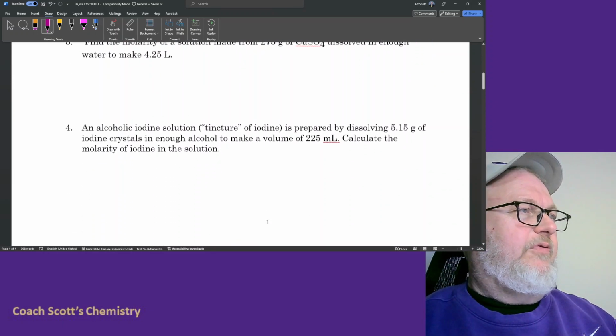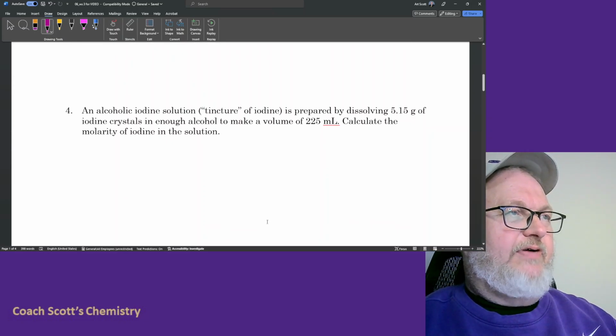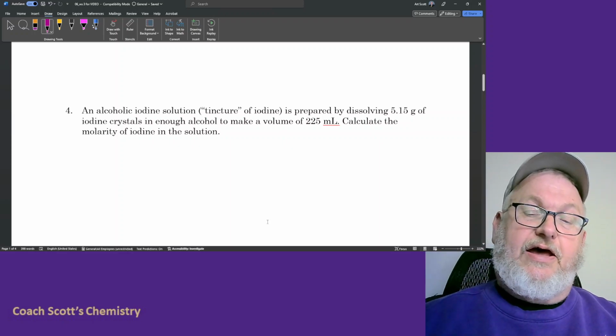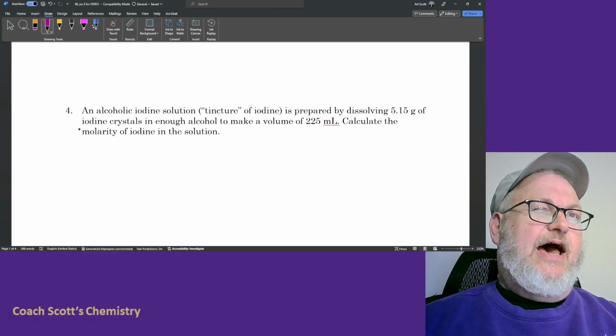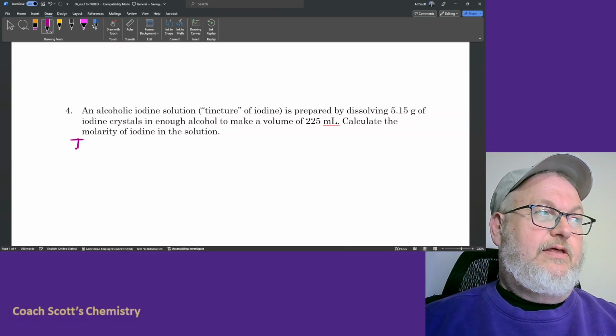Let's look at number 4. An alcoholic iodine solution, tincture of iodine, is prepared by dissolving 5.15 grams of iodine crystals. Iodine is I2, so have no fear of ice, I2.